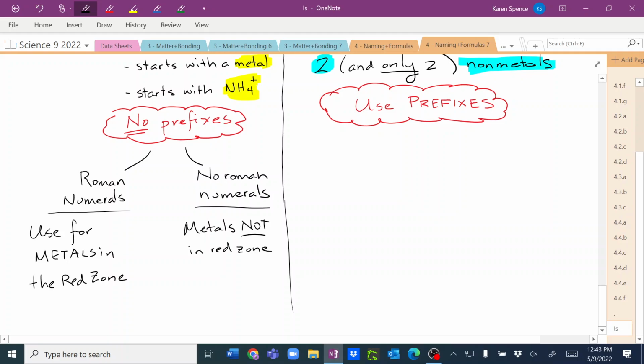And also nonmetals, we never use Roman numerals for nonmetals. And that's really what it comes down to.